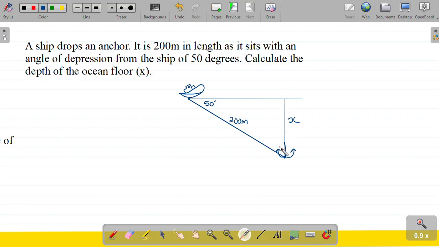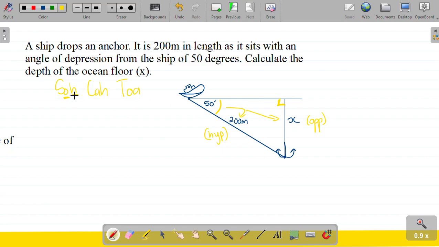So let's go ahead and do that. What we're going to investigate is, if we are using our 50 degrees over here, we have a 200, which is going to be our hypotenuse, because this is the 90 degree angle. And then this over here is going to be our opposite. So if we have a look at our SOHCAHTOA, we're going to want to include opposite, so O, and hypotenuse.